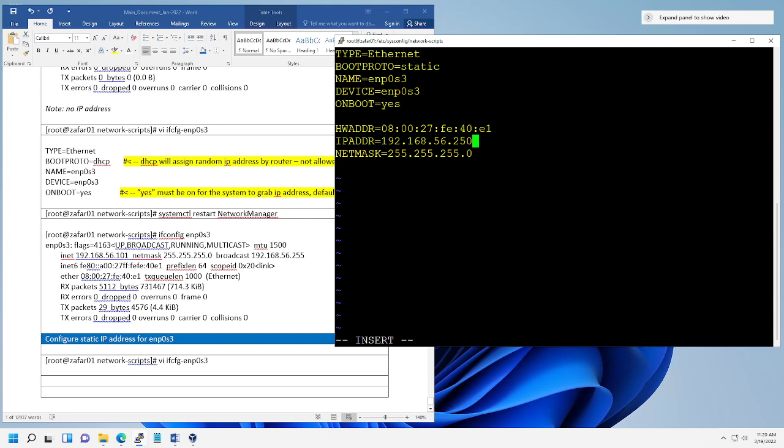So now I'm physically assigning the IP address here. All right, I'm going to escape out of this.